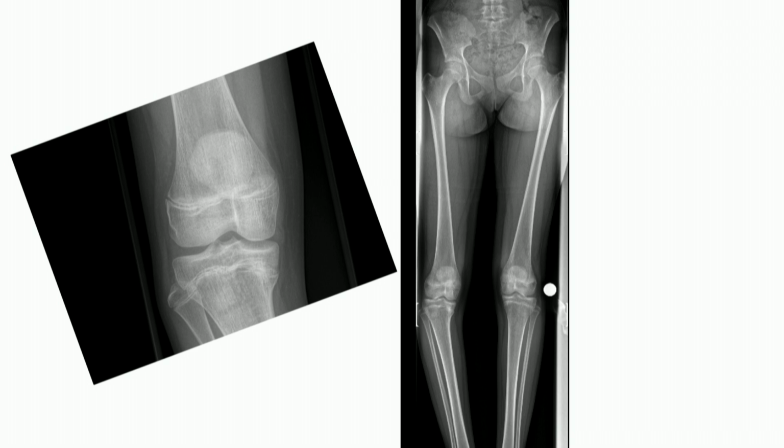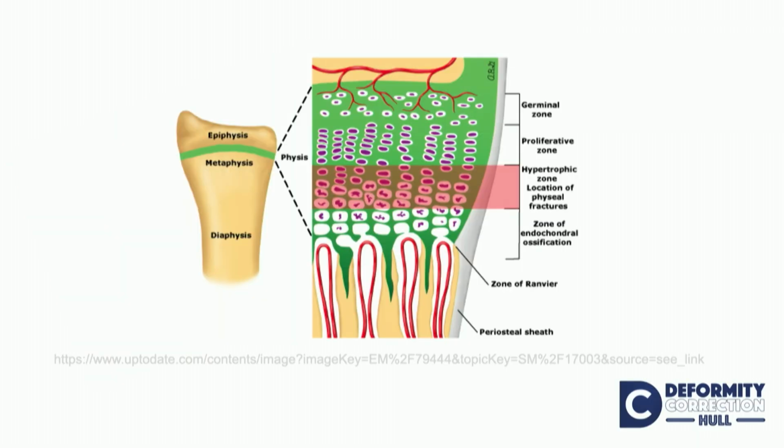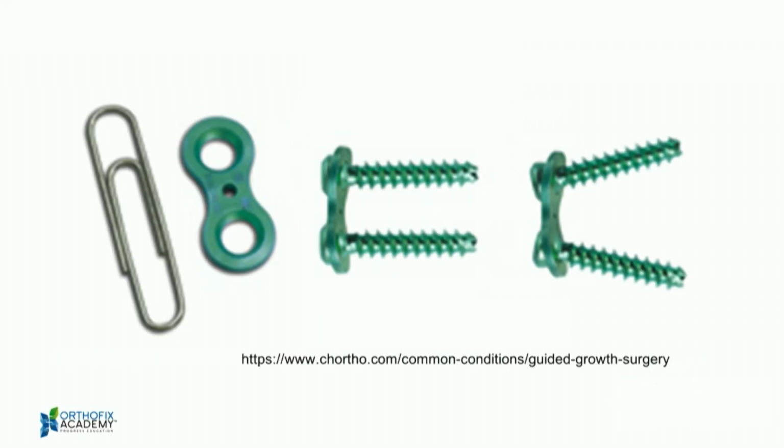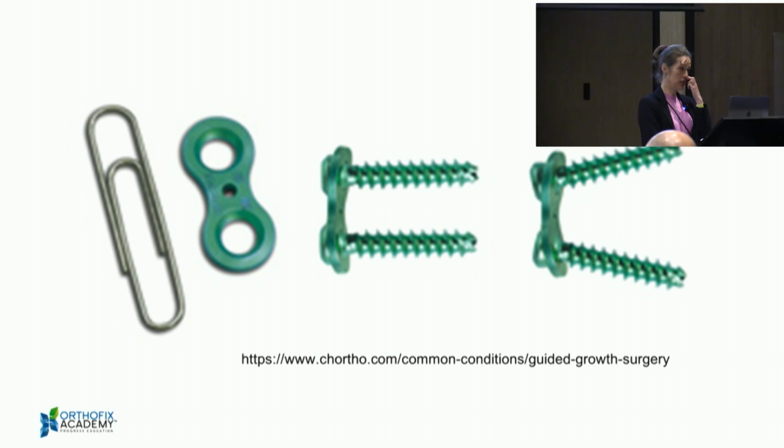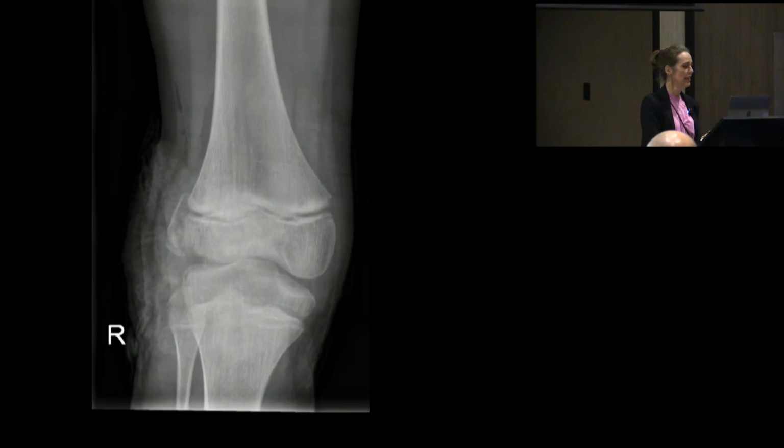Obviously, one of the big differences with kids is they have the physis, which can really be your friend. And we've got a talk later today on growth modulation, and you can use that physis to the best of your advantage to minimise big intervention and the development of significant deformity. It can also be your enemy, especially in fractures around the knee.